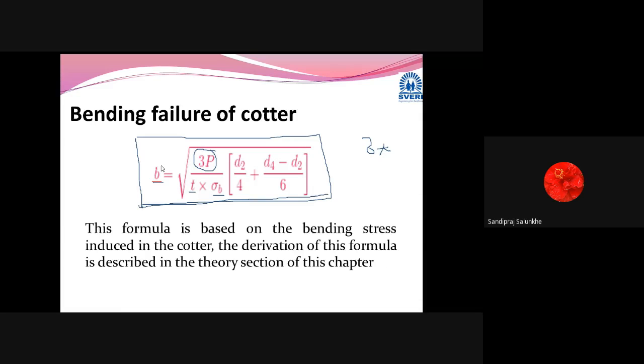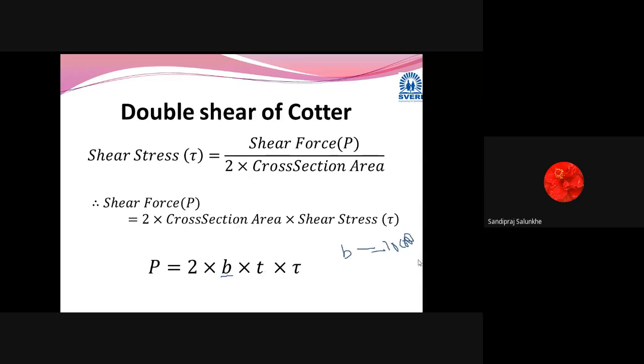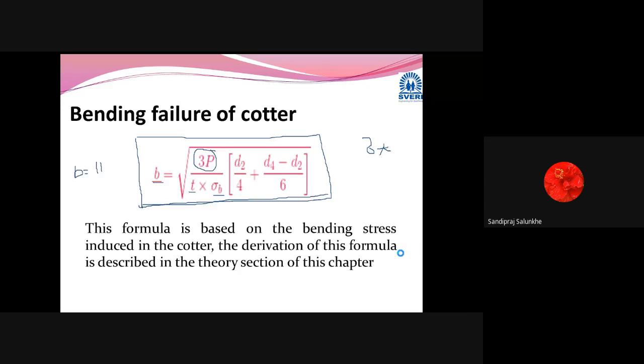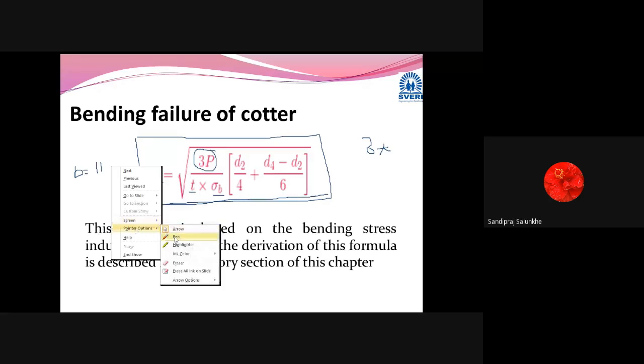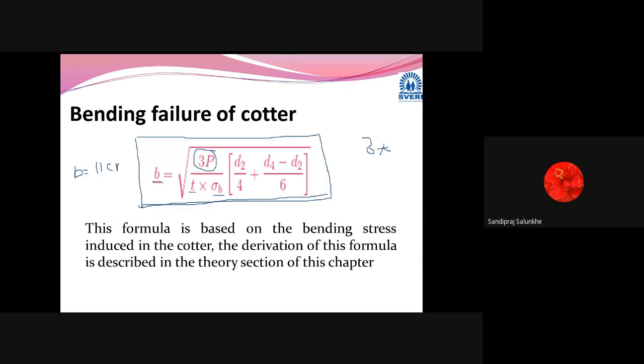But if this value of b is coming as 11 centimeter, though from shear we get a value of 10 centimeter, then we consider this 11 centimeter as the dimension for this quarter joint, because the quarter will fail if we consider 10 centimeter as its width.